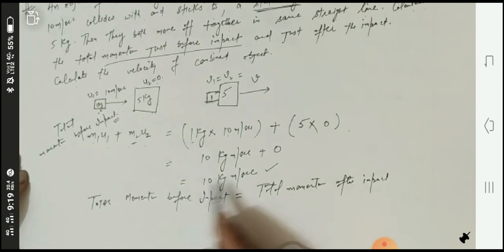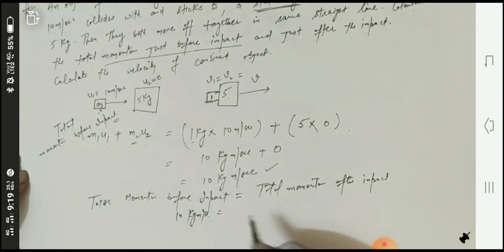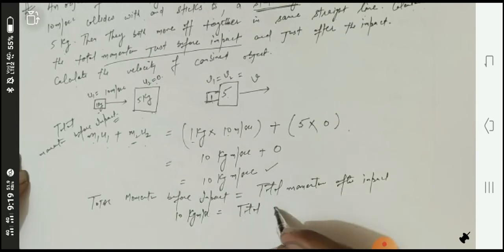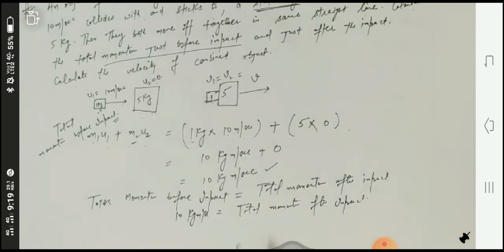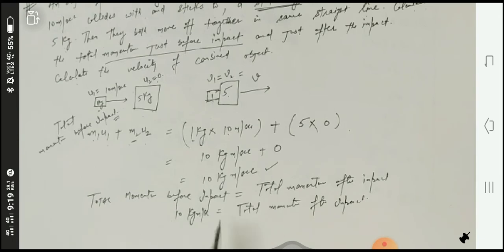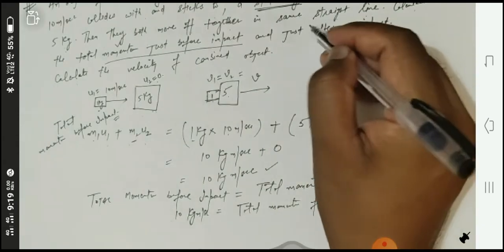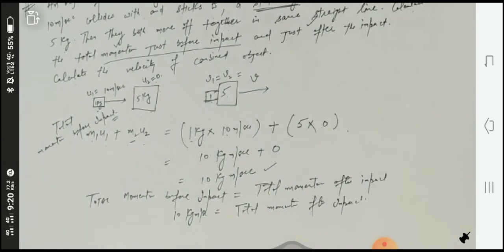Means total momentum before impact is 10 kilogram meter per second. This should be equal to total momentum after impact. Means after collision the momentum is the same, that is 10 kilogram meter per second. So till now we have solved total momentum before collision and total momentum after collision.